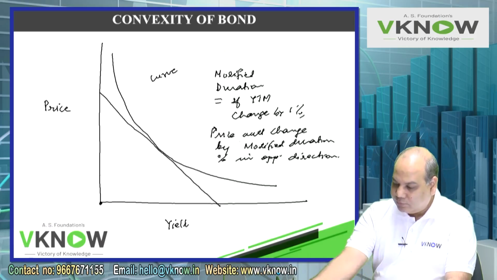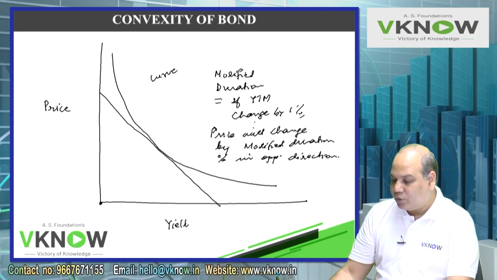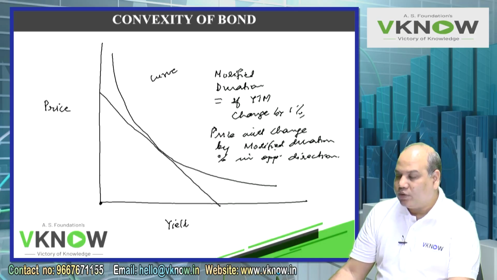So I have written a line which if you can't read, I'll dictate. Modified duration tells you that if yield changes by 1%, price will change by modified duration percentage in opposite direction.